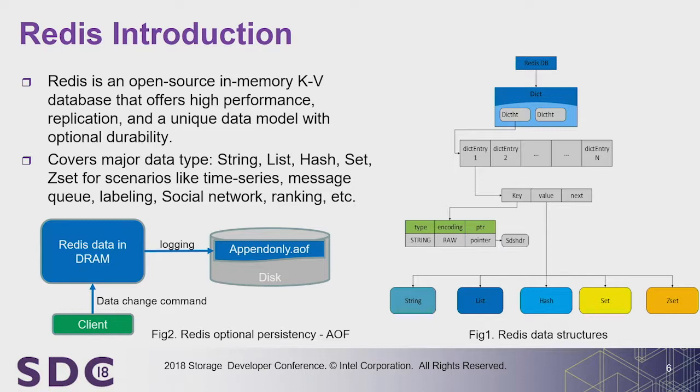And the picture on the left side shows how the user enables the traditional durability for data in Redis itself. Redis has a mechanism to log every operation into one file, called the append only file.